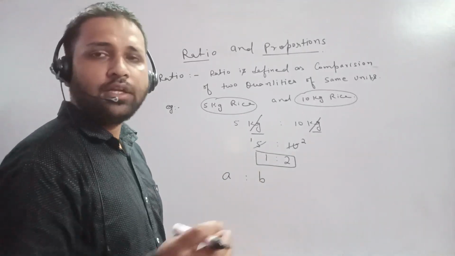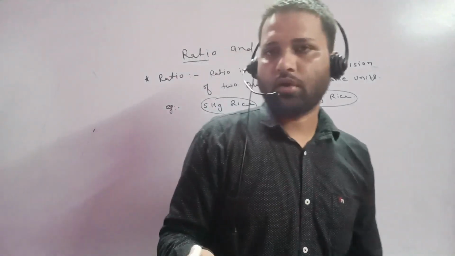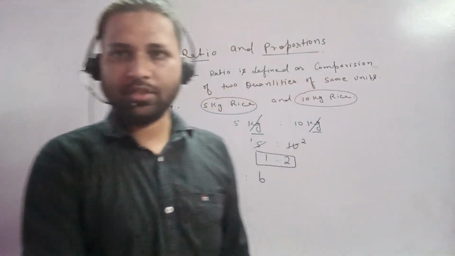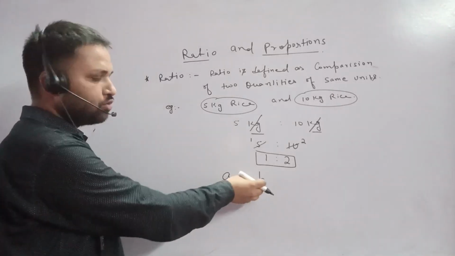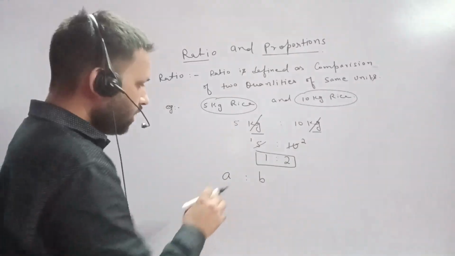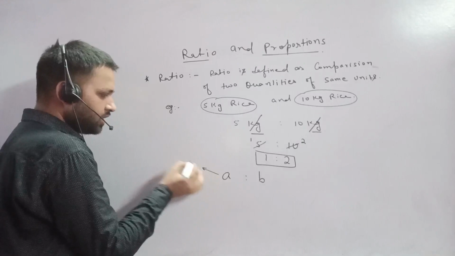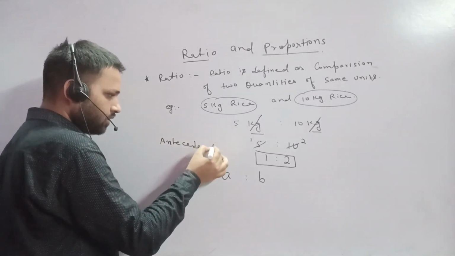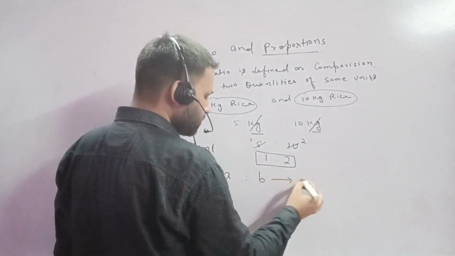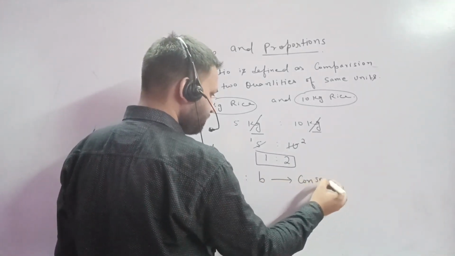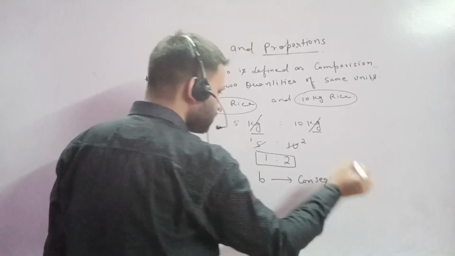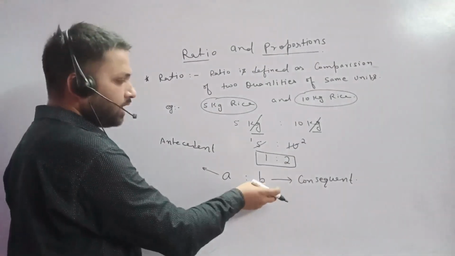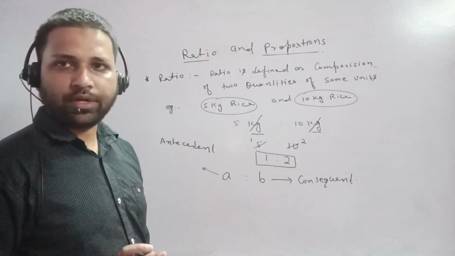If you want to compare any two numbers, you can write it this way: A is to B. Here A is called the antecedent, and B is called the consequent. In a ratio, the first number is called the antecedent and the second number is called the consequent.